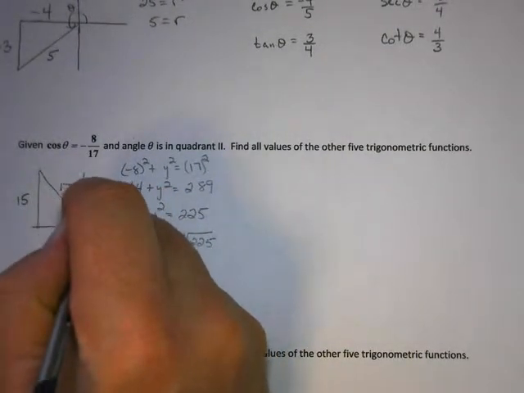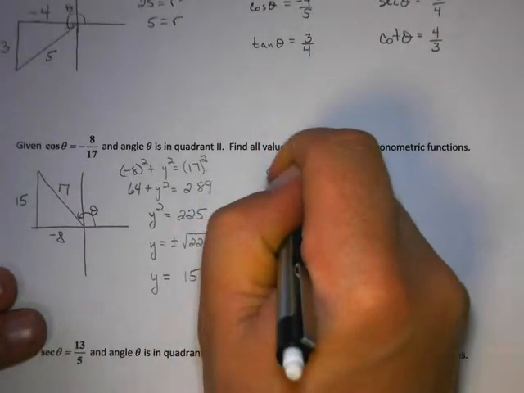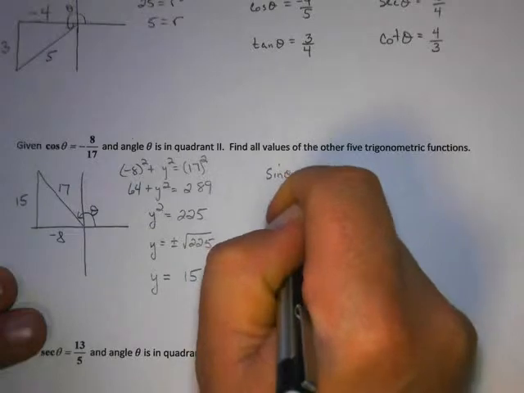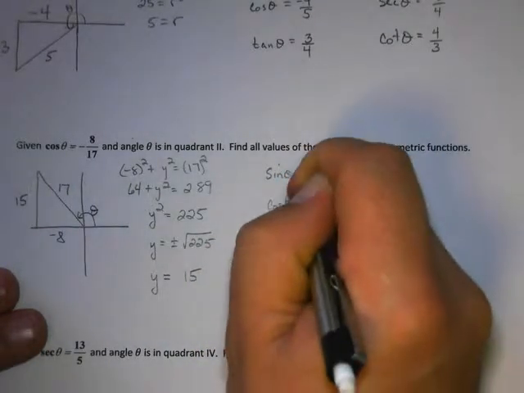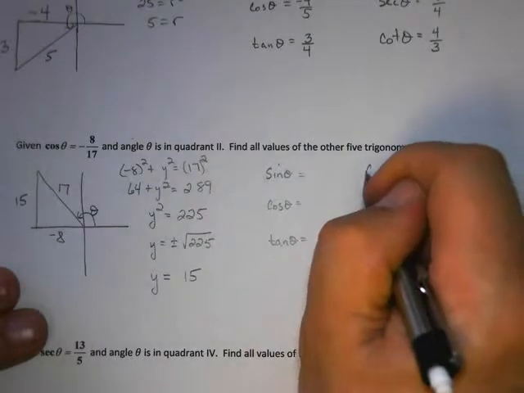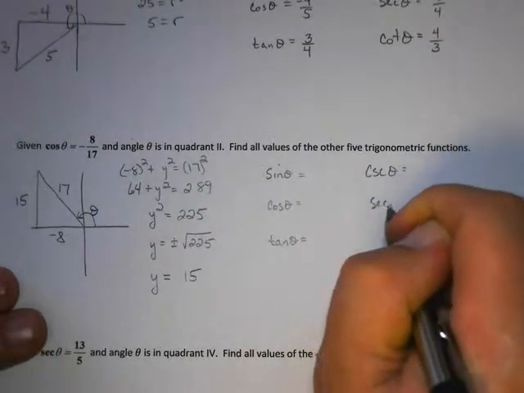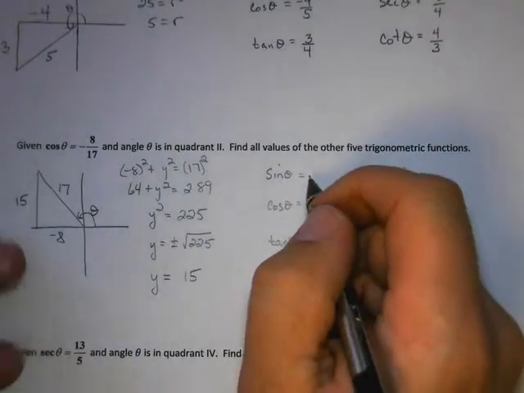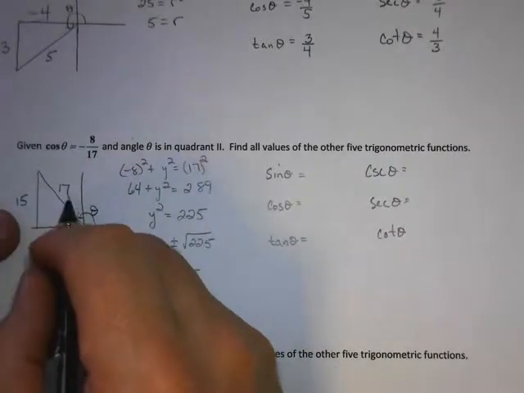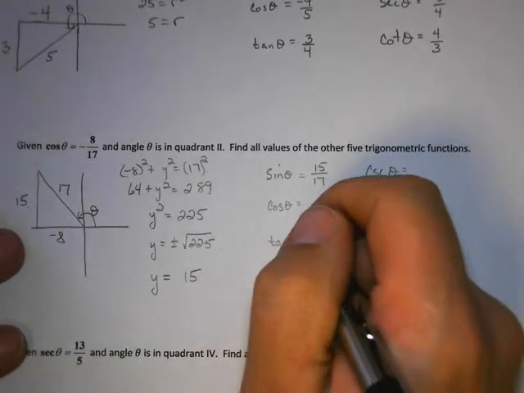Here's theta. So sine theta, cosine theta, tan theta, cosecant theta, secant theta and cotan theta. Sine theta is y over r, 15 over 17.